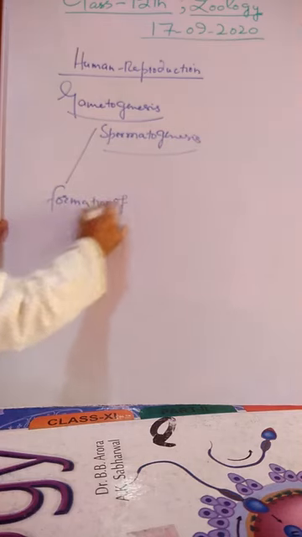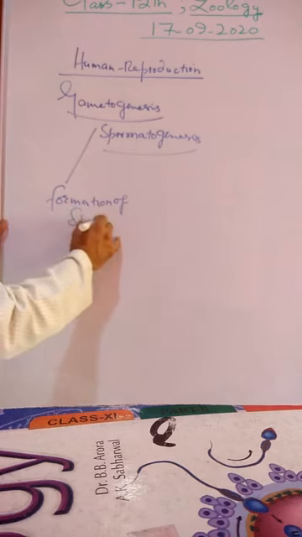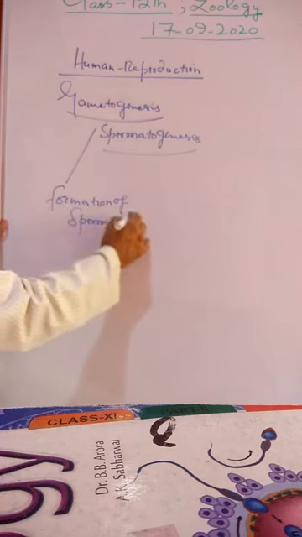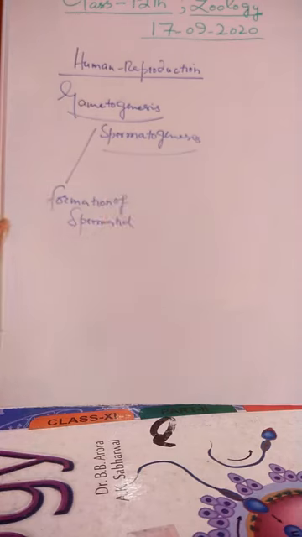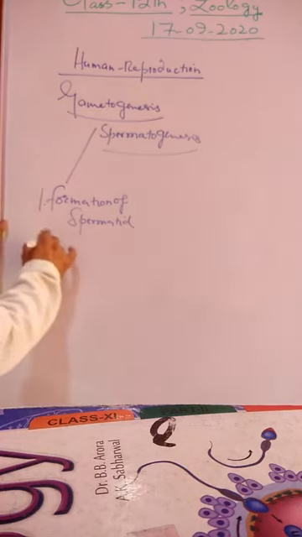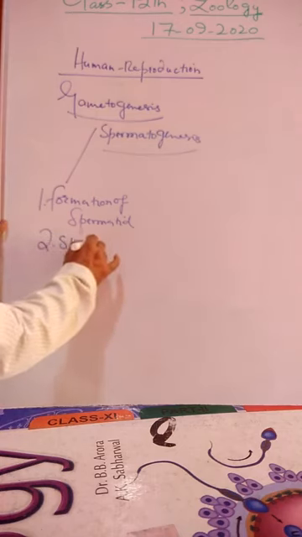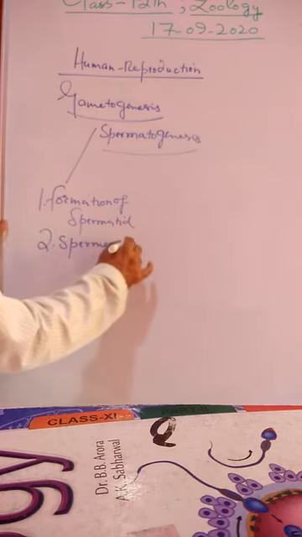The first phase is the formation of spermatid, and the second phase is called spermiogenesis.